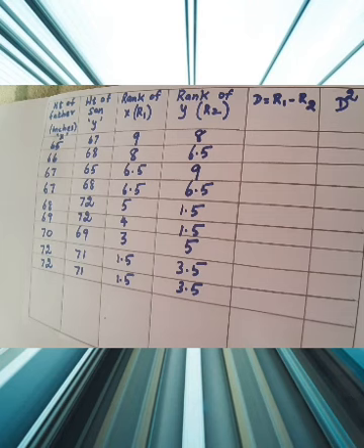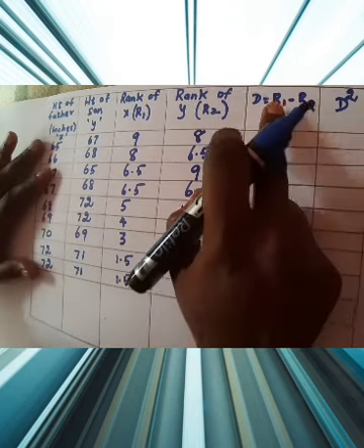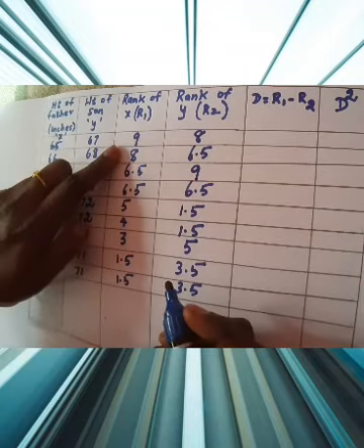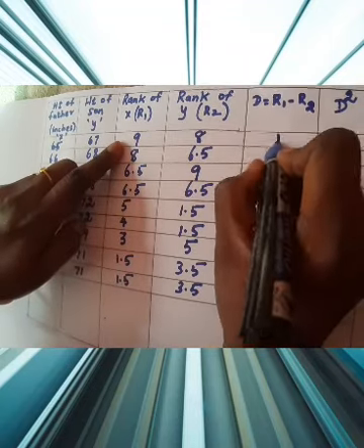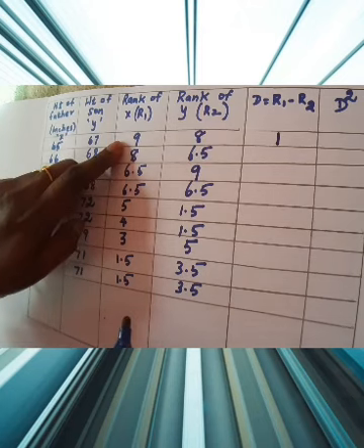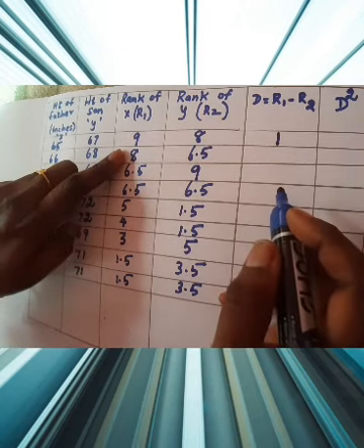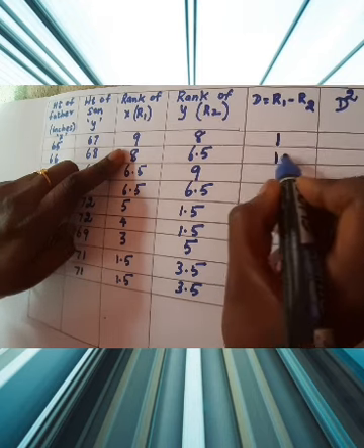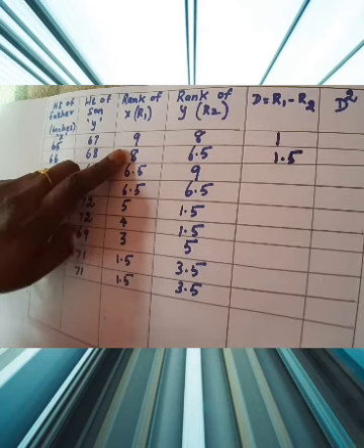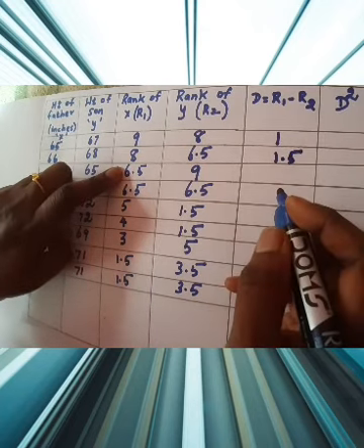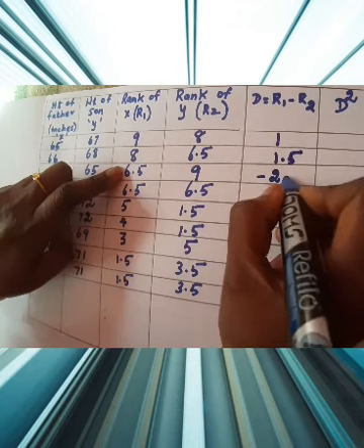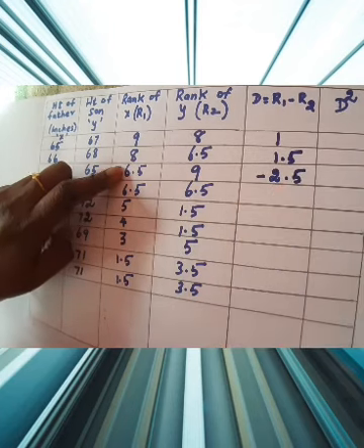Understood, students? Now we'll fill up this column, R1 minus R2. So difference between these two ranks. You can say along with me, 9 minus 8, 1. 8 minus 6.5 will give you 1.5. 6.5 minus 9, it is minus 2.5. Correct?